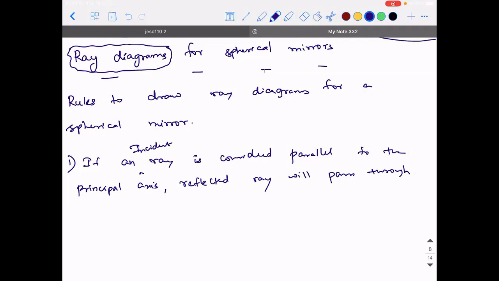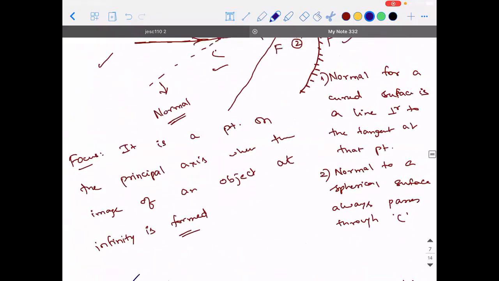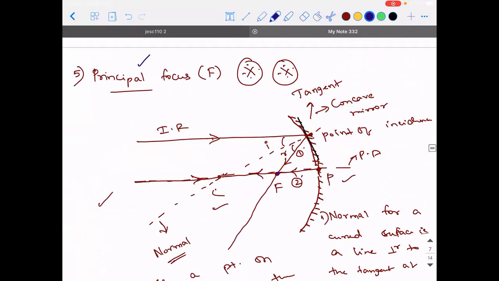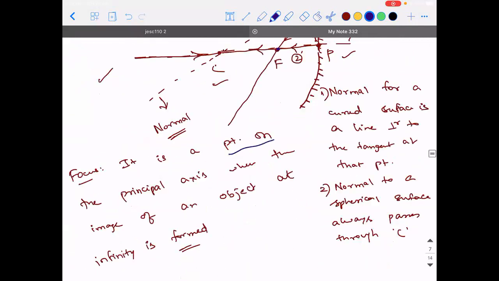No. So last class I gave you a definition. So what does a principal focus mean? It is a point on the principal axis where the image of an object at infinity is formed. What do you mean by the object at infinity? Means the incident rays will be parallel to the principal axis.